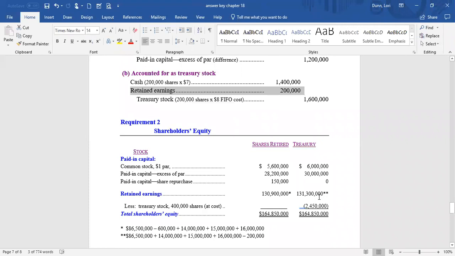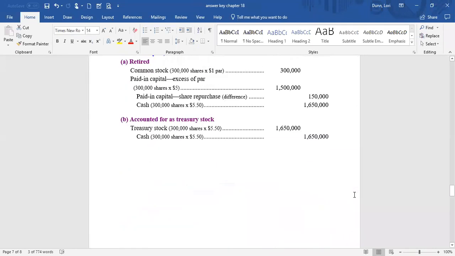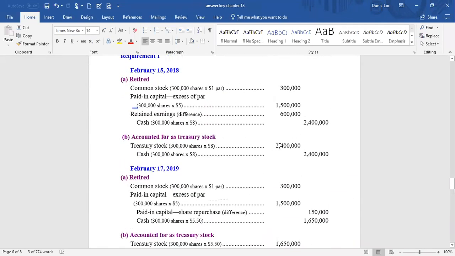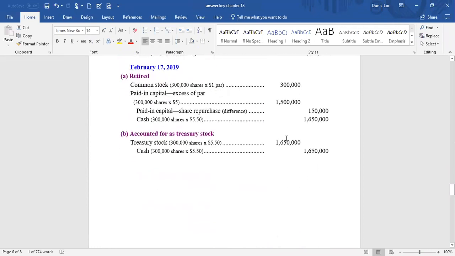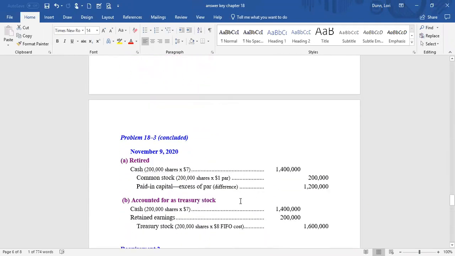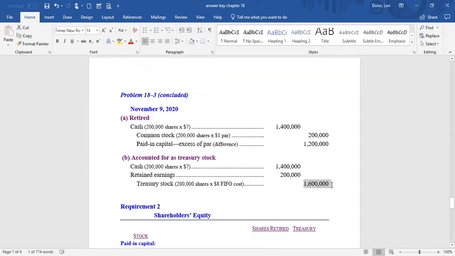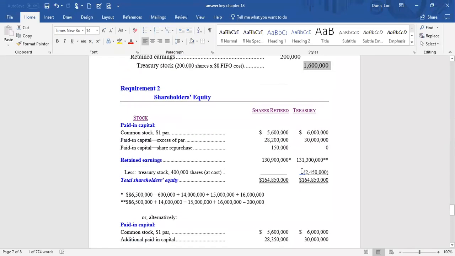But in this handling of the stock repurchase where you don't retire it, you have in a contra equity account, treasury stock, 2.4 million from that, 1,650,000 from that transaction, but then you decreased it by 1,600,000. So you must decrease stockholders' equity, less treasury stock, 2,450,000, because these stocks are still considered issued. They have not been retired.